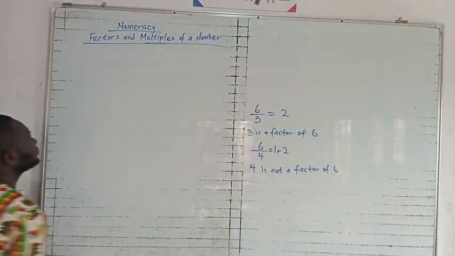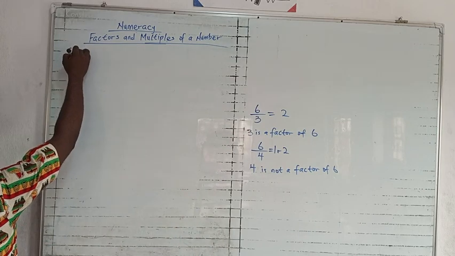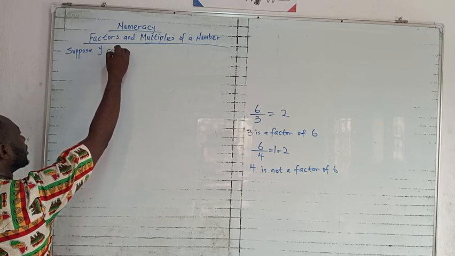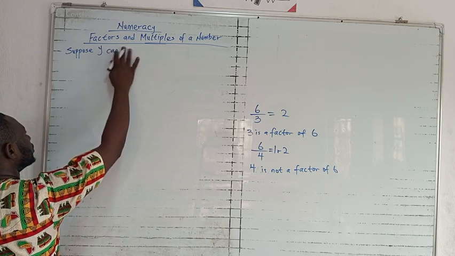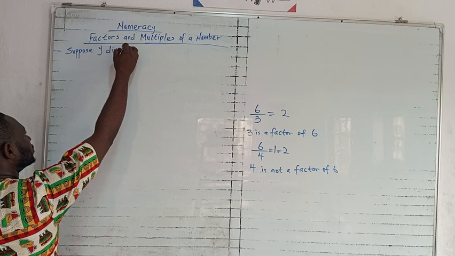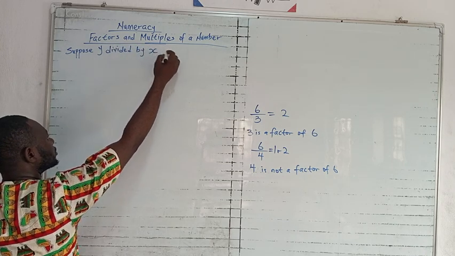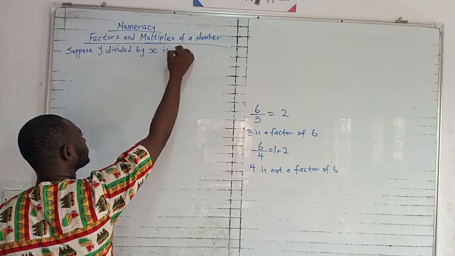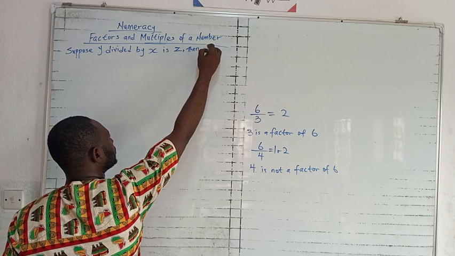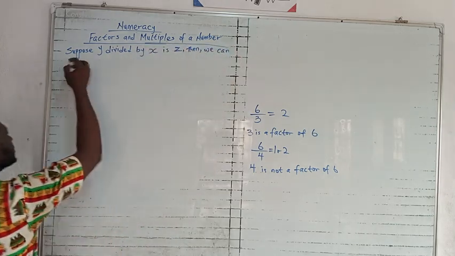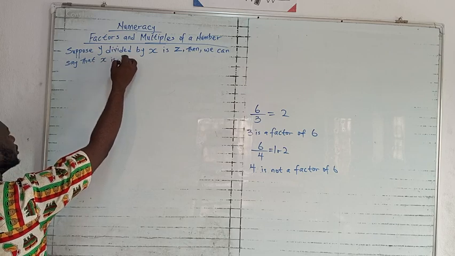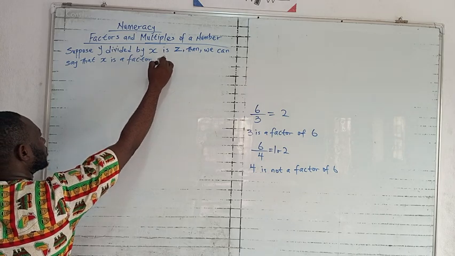So I can say, suppose y divided by x is z, then we can say that x is a factor of y.